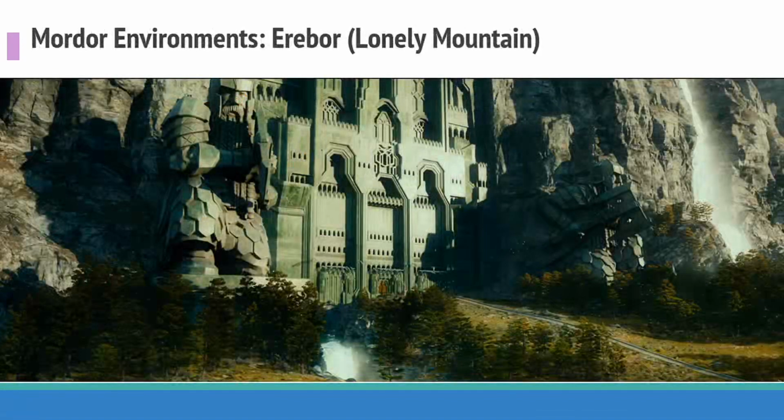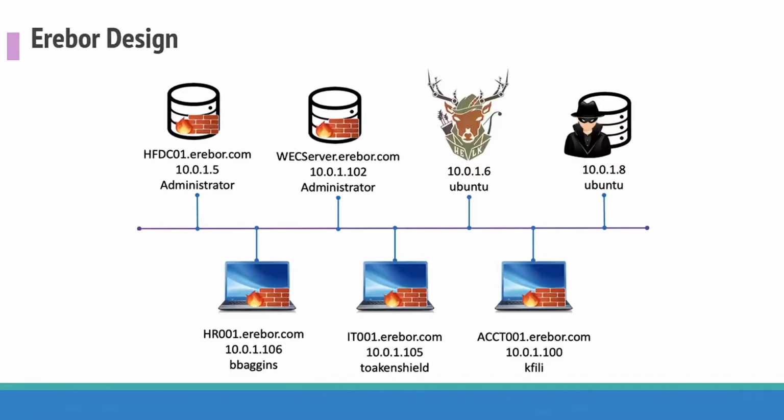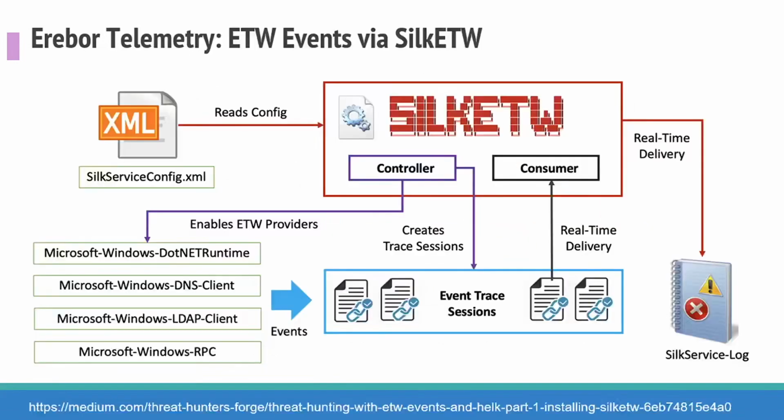We have another environment called Rivendell, and this environment is similar to the Shire, but it uses other telemetry, such as SilkETW. Thank you, Ruben from FireEye. Awesome project where you can actually tell your endpoint or SilkETW what ETW providers to enable. They enable those providers. Some event trace sessions get created.